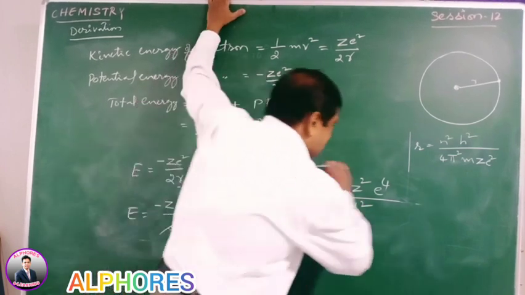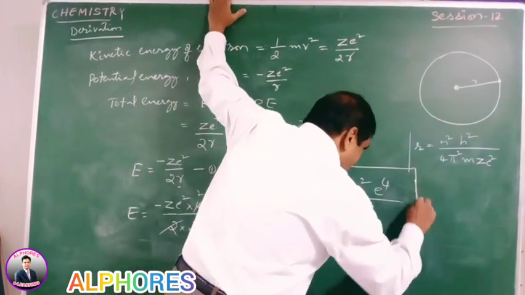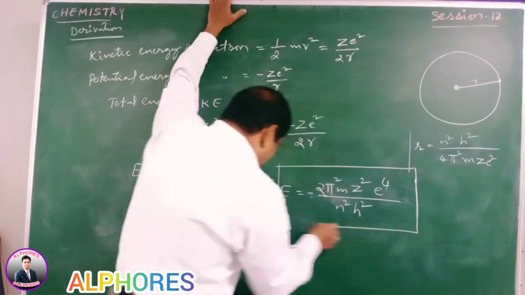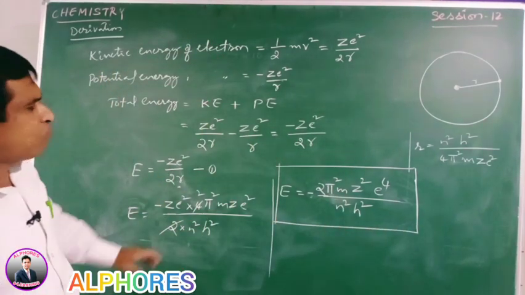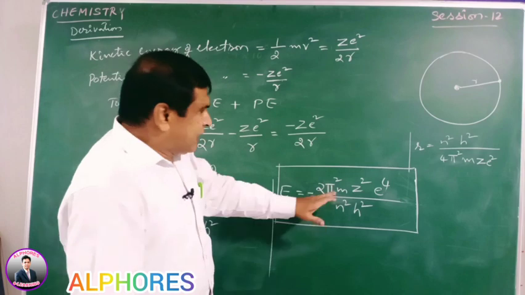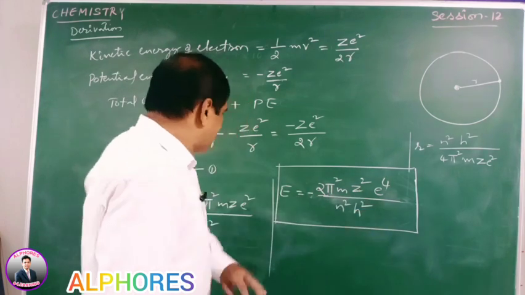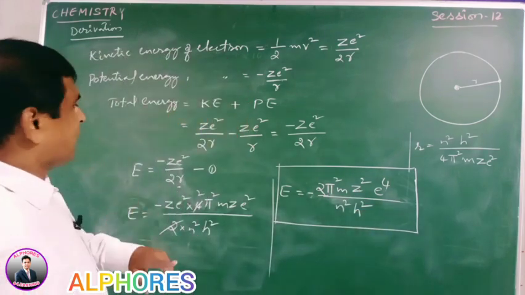So this is the equation to calculate the energy of the electron: minus 2 pi square m z square e to the power 4 by n square h square.